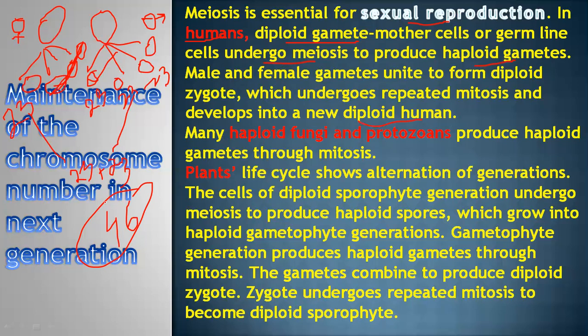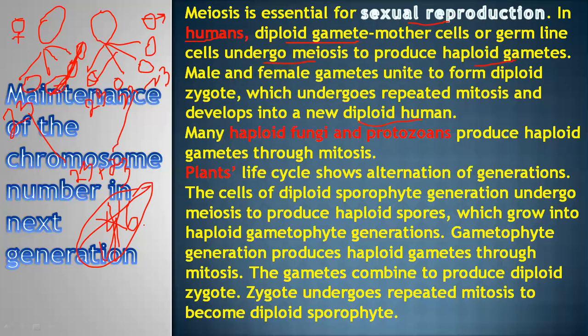Now this zygote is diploid. After fertilization it forms a zygote, and then there will be division. We have seen in the significance of mitosis that development and growth are done by mitotic division.